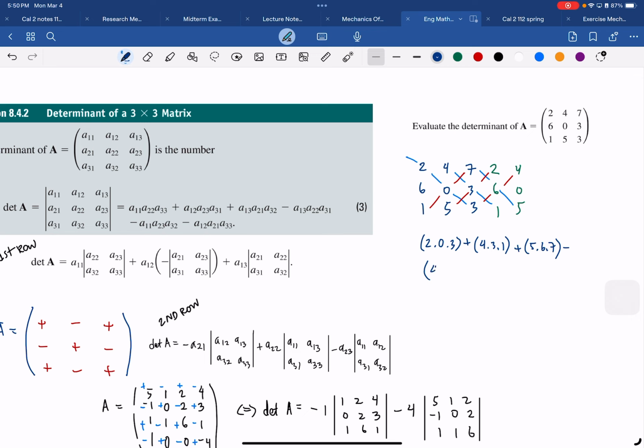Then this will be 4, 6, 3 plus 2, 3, 5 plus 7, 0, 1. Okay, and then close bracket. So actually it's plus, okay, minus plus here. So the blue minus the red. The total from blue minus the total from red.